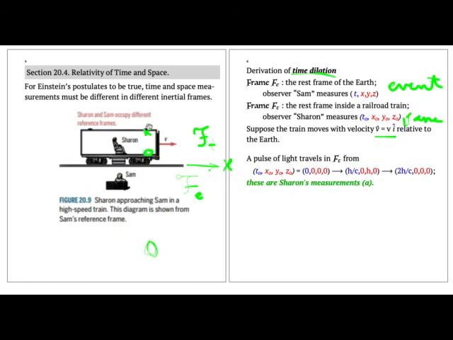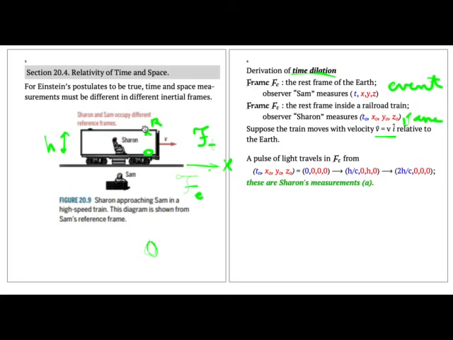Now the light will travel up to this receiver, and then it'll be received at some position relative to Sharon, 0, h, 0. So this distance is h. This source of light and this receiver are attached to the train, so they're moving along with Sharon.